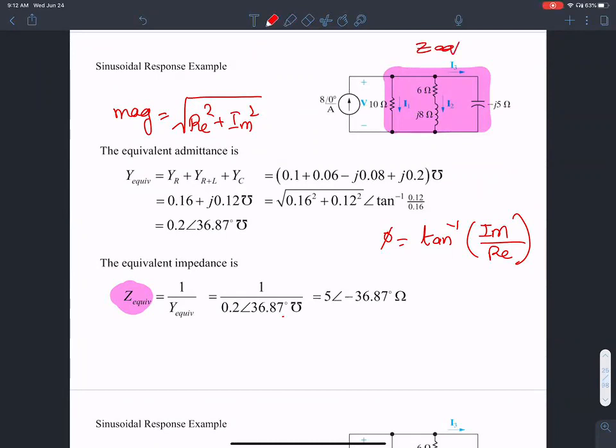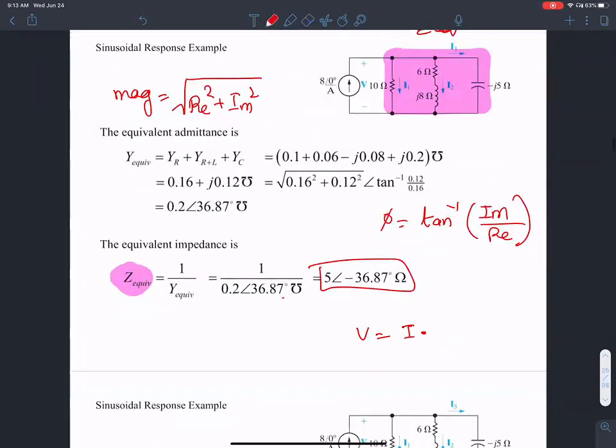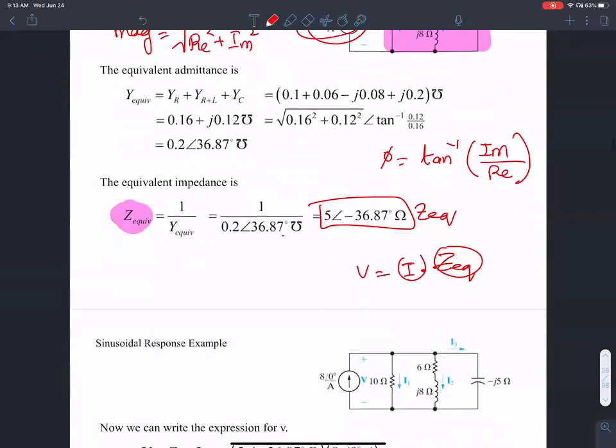Now, if you wanted to find the voltage, V is I times R, or I times Z equivalent. Multiply Z equivalent by I, which is given to be 8 angle 0.